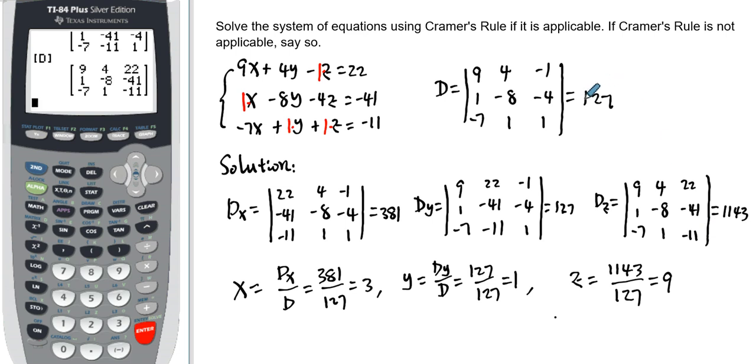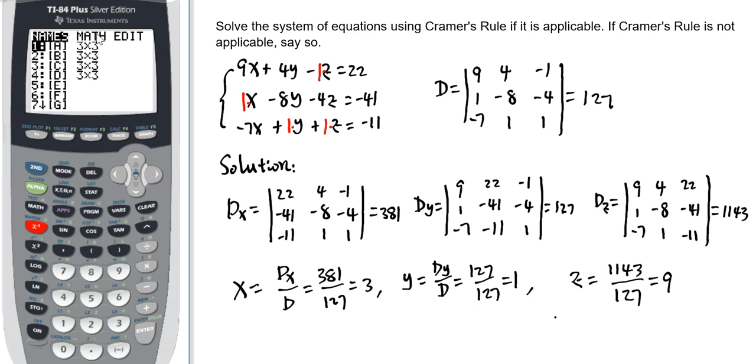Now you want to find the determinant. Let's do this one; the rest of them are the same. You may want to clear the screen, and then do second matrix. You want to do math with matrices, so move the cursor to math, hit 1 or hit enter, and this is the determinant.